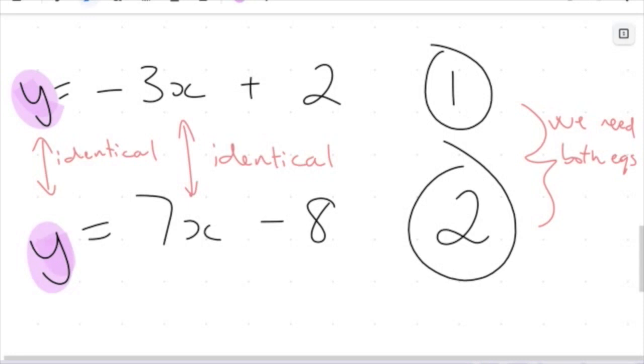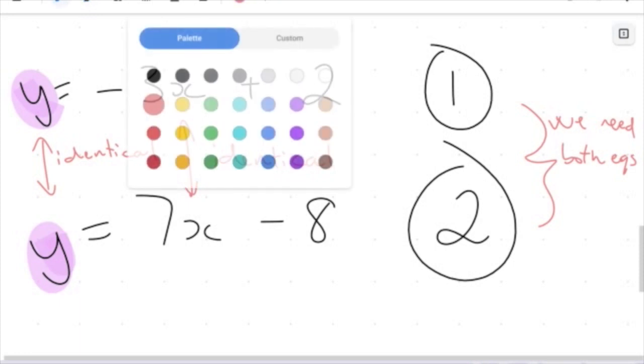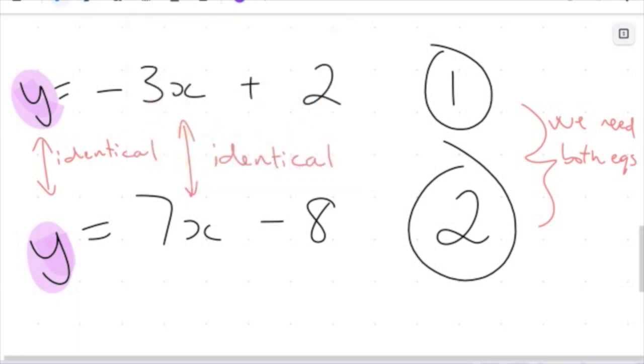I know the x's are the same as well, but I also know that this equal sign means that my left hand side here is the same as my right hand side. So my y up here is equal to, another way of writing the y is minus 3x plus 2. That's what the equal sign tells us.